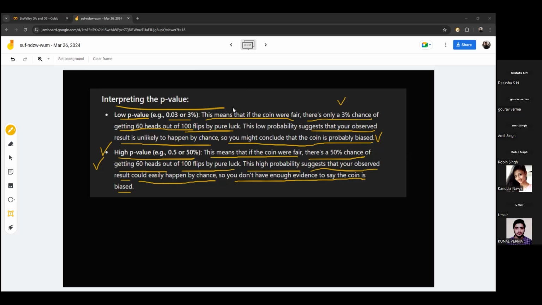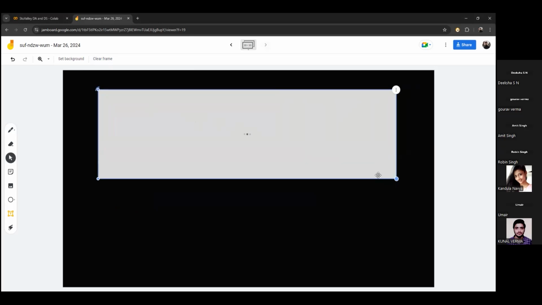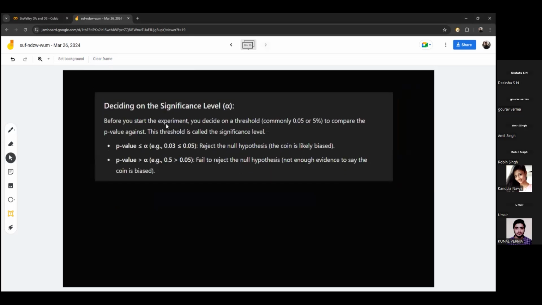So how will we conclude here? See this. Deciding on the significance level: before you start the experiment, you decide a threshold like 5% to compare the p-value against. This threshold is called the significance value.